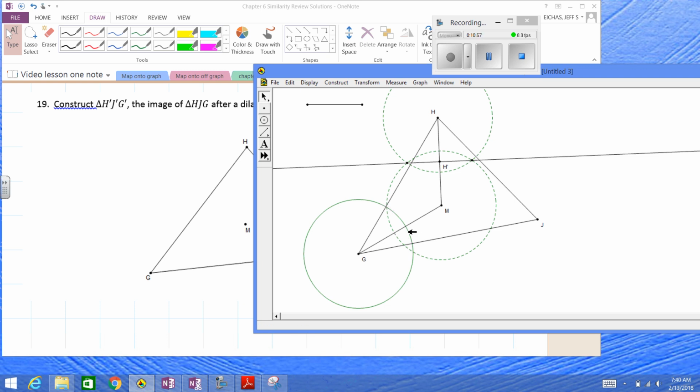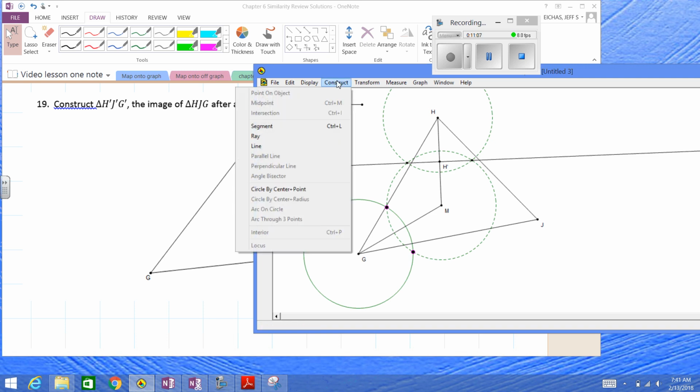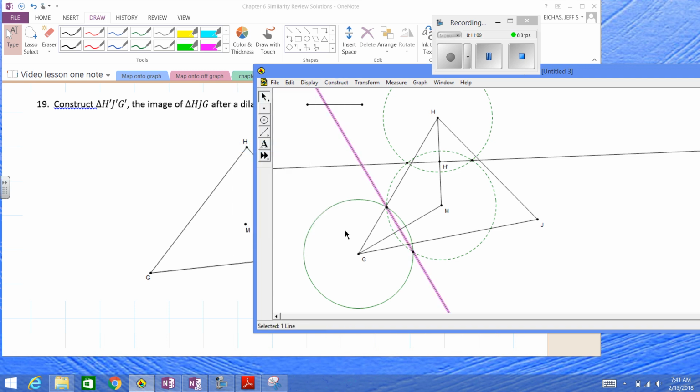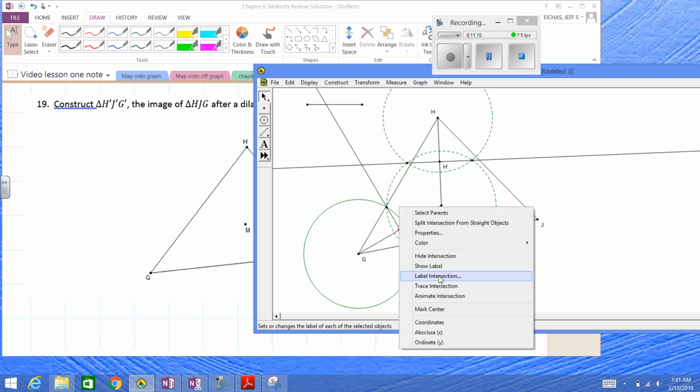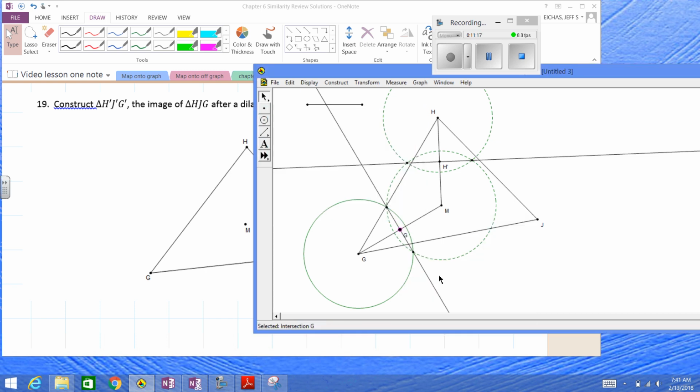You'll be perpendicular to the segment, but you wouldn't be in the center. The center comes from using the same exact size circle. So right there, construct that line, and right where that line hits is going to be the midpoint, and that's of course going to be now G prime.